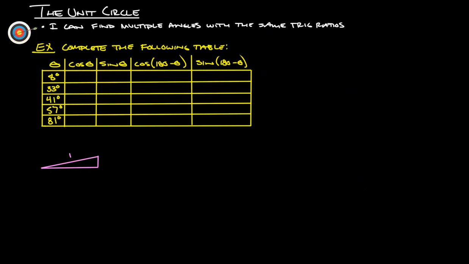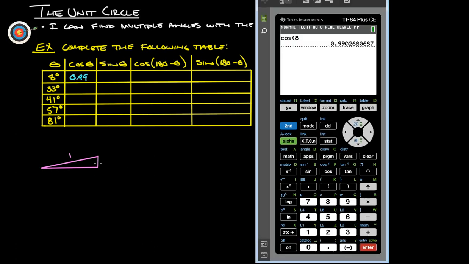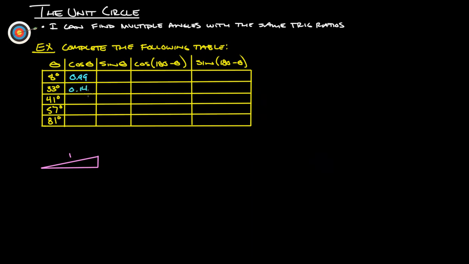Okay, and then now we're going to do the sine. So that's going to be this opposite over the hypotenuse. So then we will do sine of 8, and that should be a really small number, 0.14.